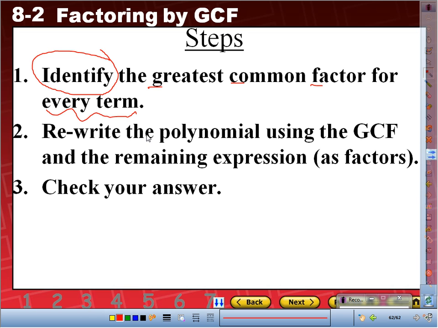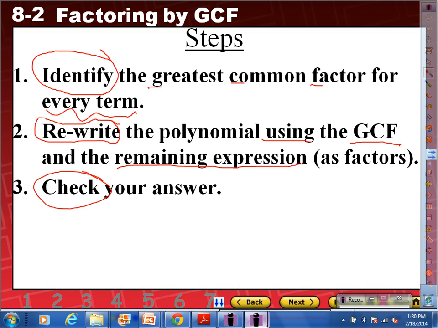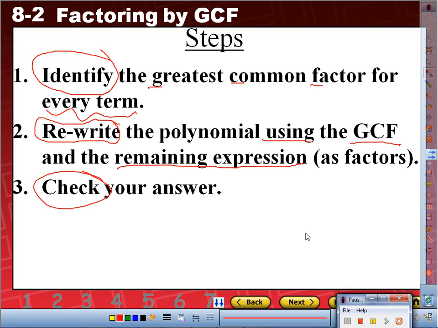That's important, every term. Step 2, rewrite using the GCF and remaining expression. And at the end, check. Copy that, please. All right, so here we go. Basic steps, 3 basic steps. Let's clarify some terms, though.